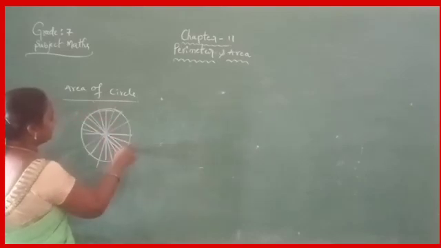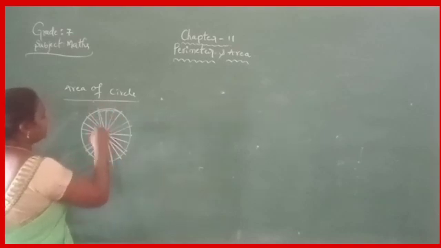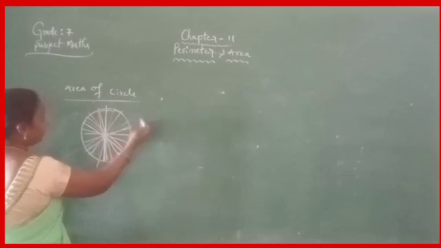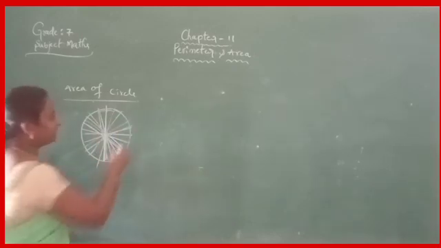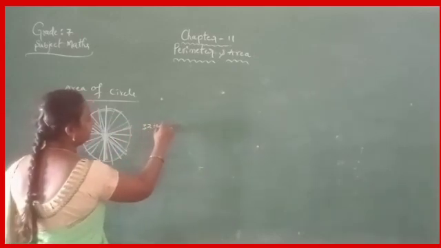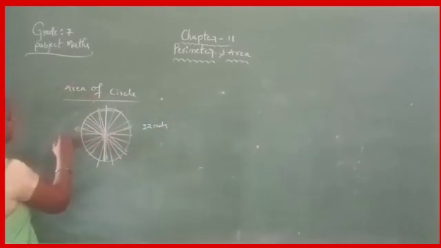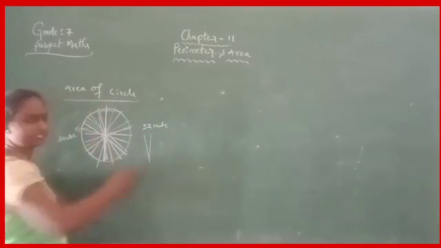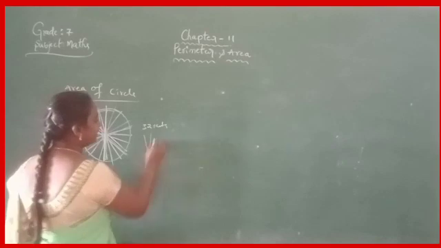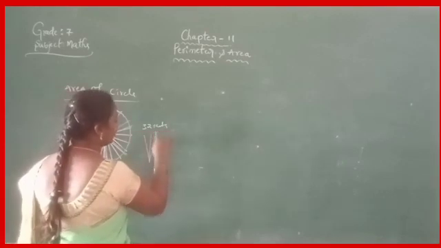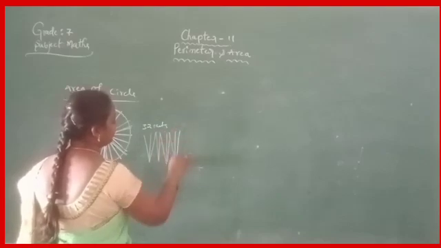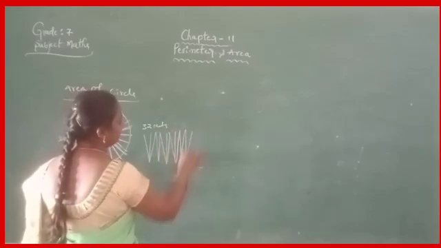One side you will get 32 sectors and on the other side 32 sectors. After arranging them, which shape will you get? Exactly, a rectangle.